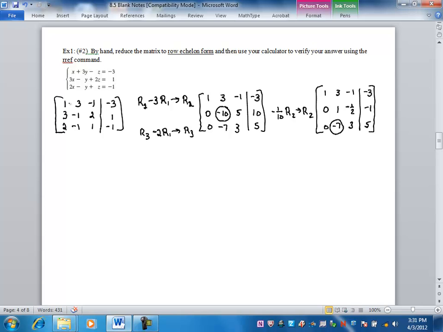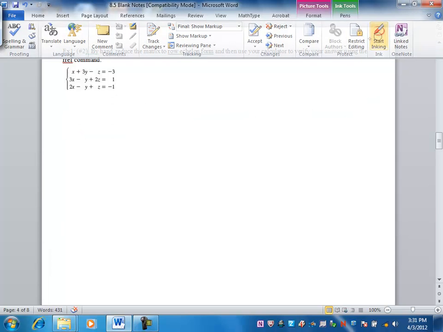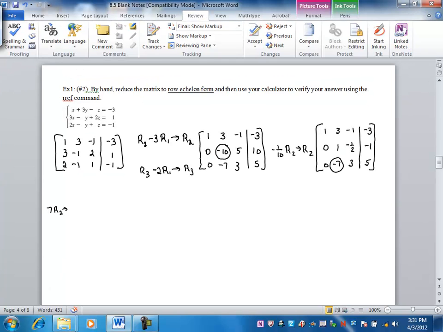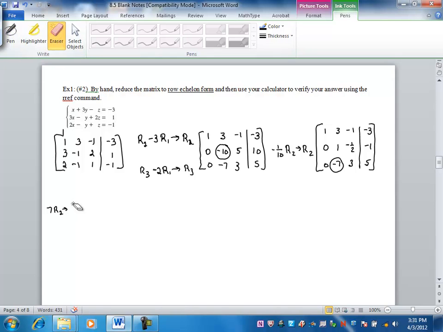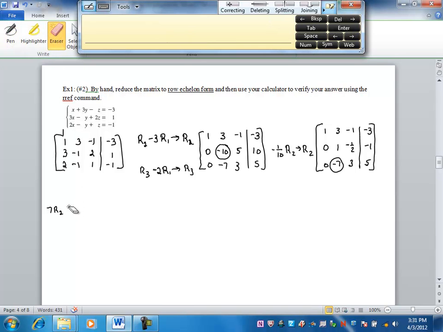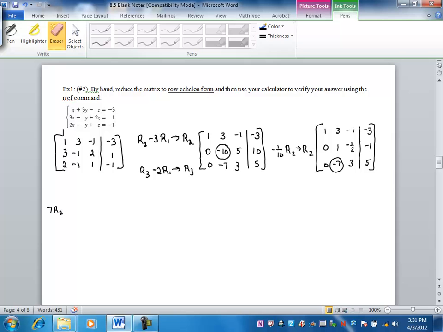And so what I'm going to do here is take 7 times row 2, and add that to row 3, and that'll replace row 3.